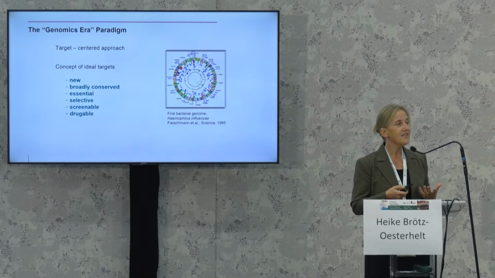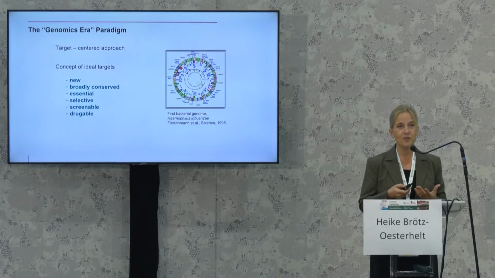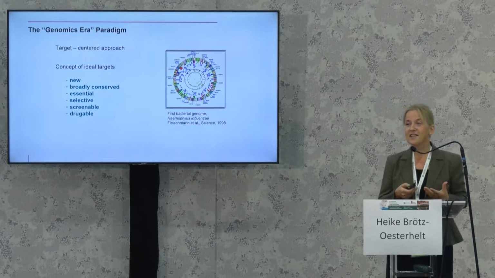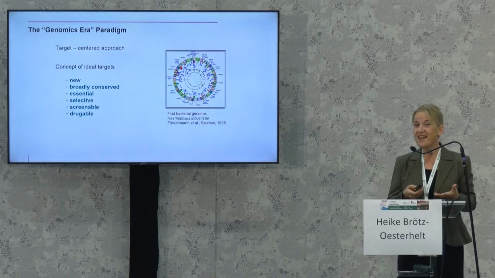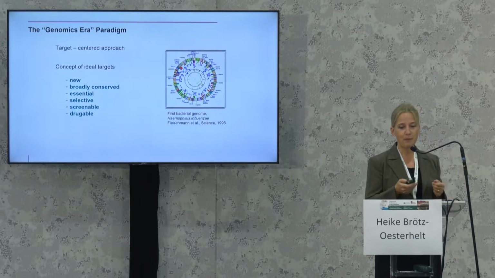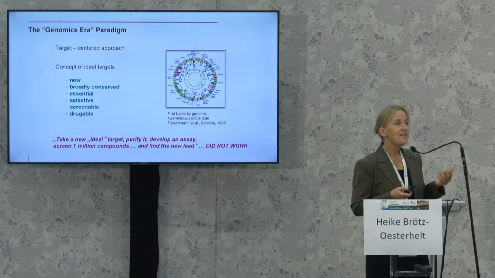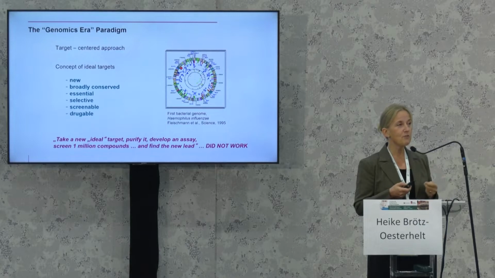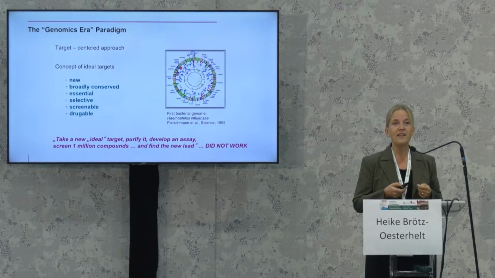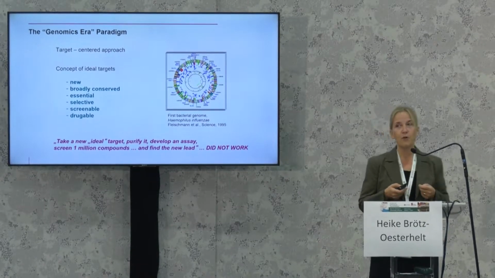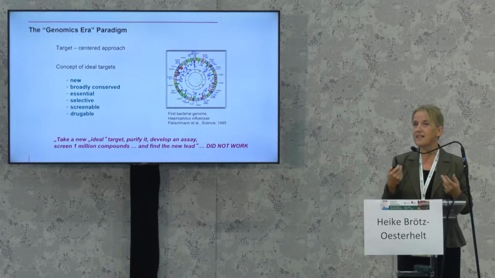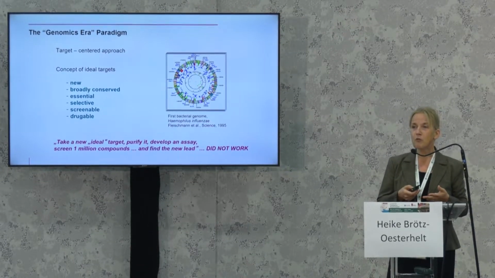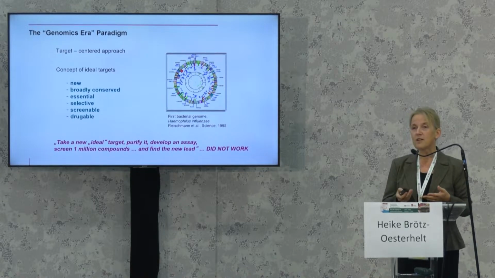And I say yes, all of this is a good target, but a good target is so much more than that. And that is what my talk will be about, because it turned out then just getting a new target, a new enzyme that has all these characteristics on this list, and finding a binder to this target or an inhibitor of its enzymatic function even, is not enough to make a good drug.